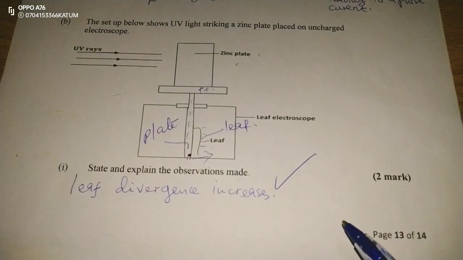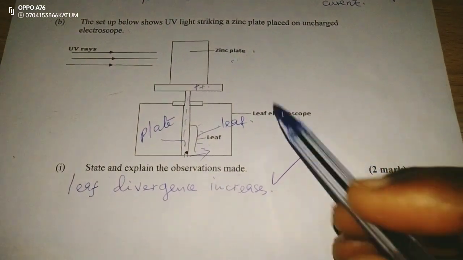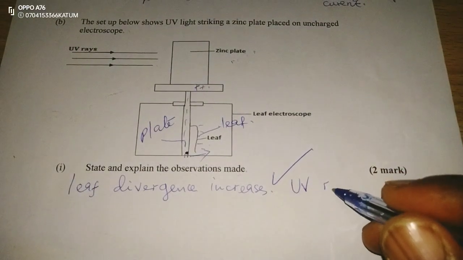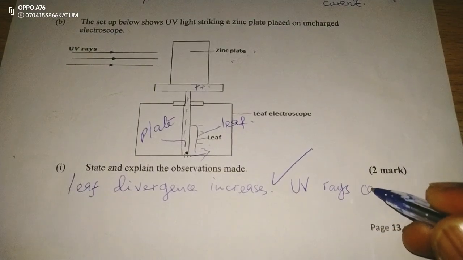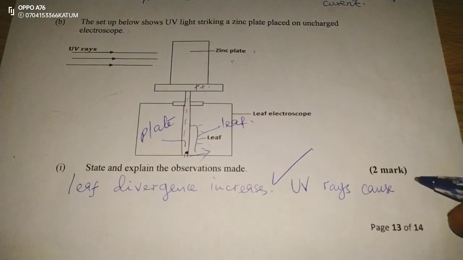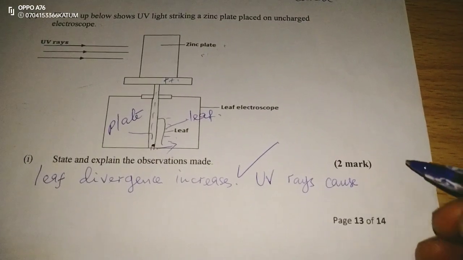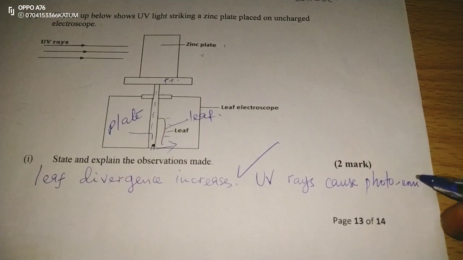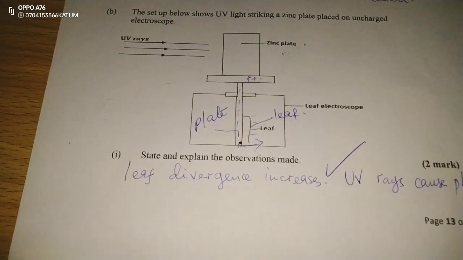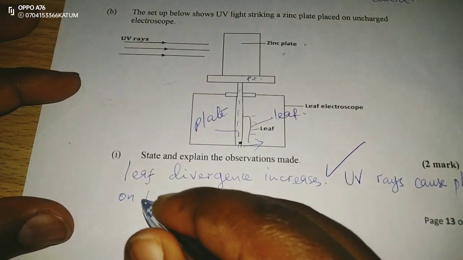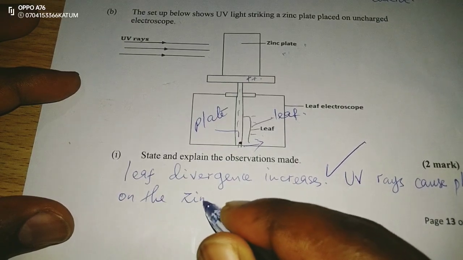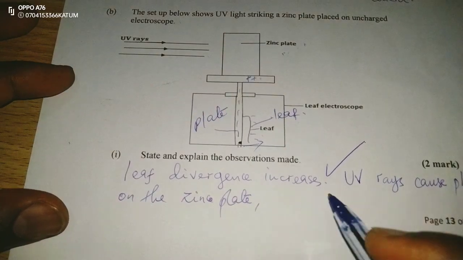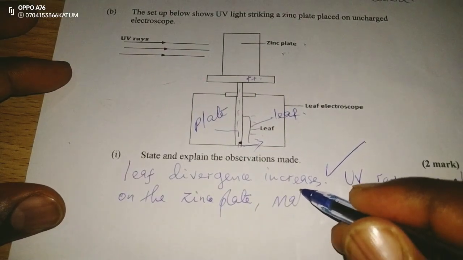How can we account for this observation? The UV rays cause photoemission, or rather photoelectric emission, on the zinc plate.